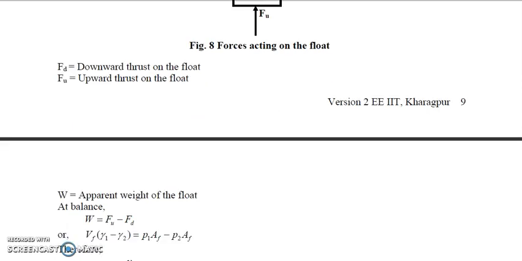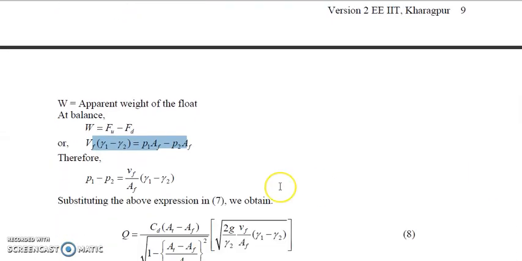So what is W at balance? The weight of the float at balance will be equal to Fu minus Fd. And therefore P1 minus P2 will be equal to Vf, the volume of the float, divided by Af, the area of the float, multiplied by gamma 1 minus gamma 2.